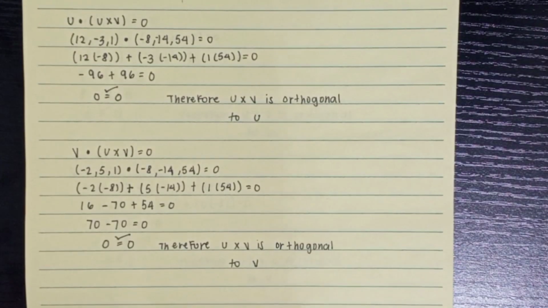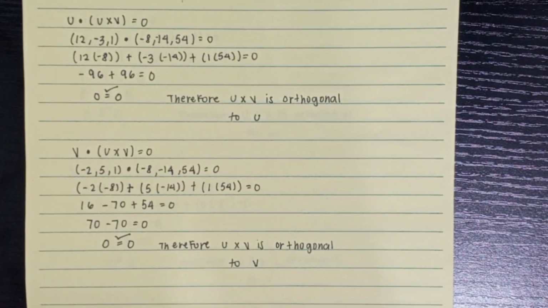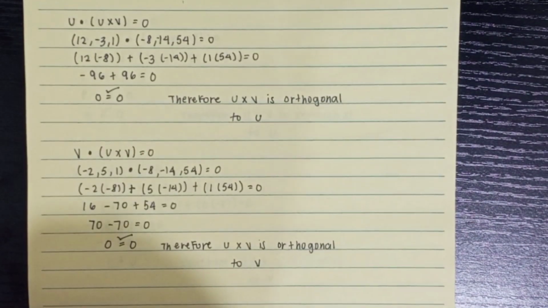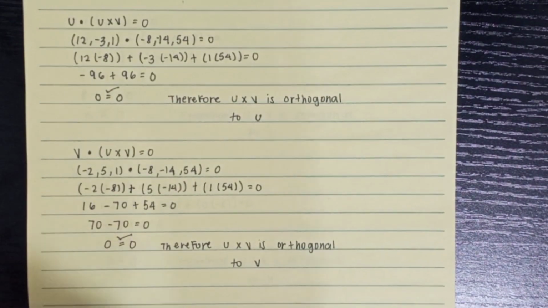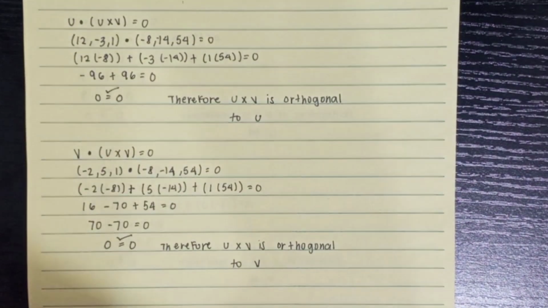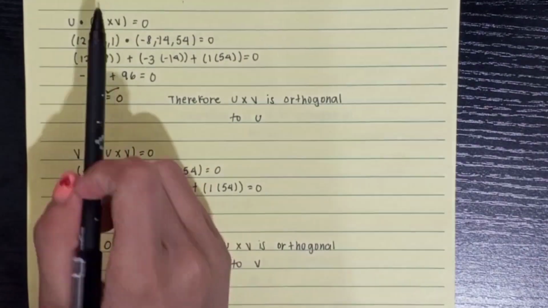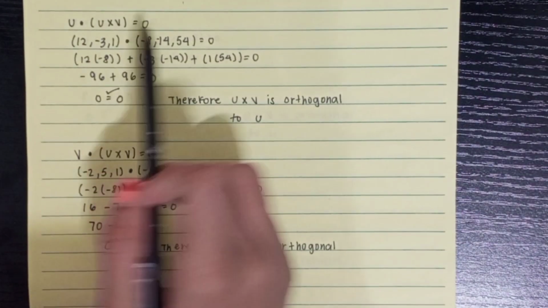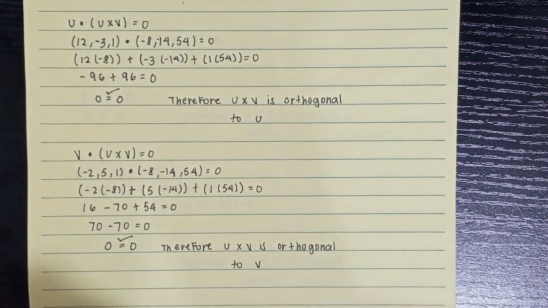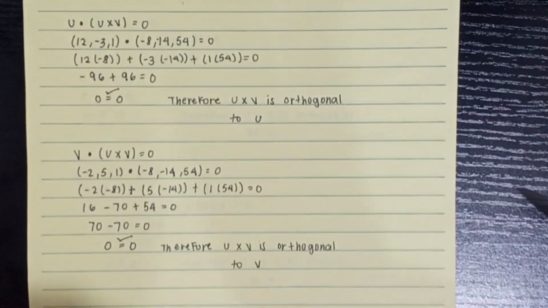So, after nyan, ipapakita na natin kung orthogonal yung U sa U cross V. So, para mapakita yun, gagamit tayo ng dot product. In terms of U muna tayo. The dot product of U and U cross V is equals to 0. Bakit nga 0? Kasi ipapakita muna natin sila.